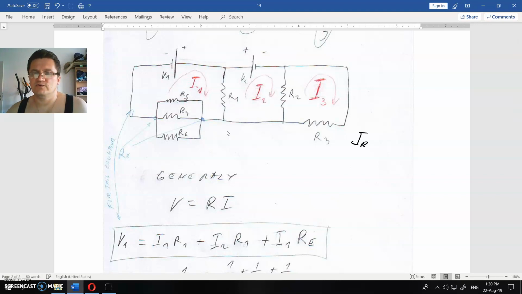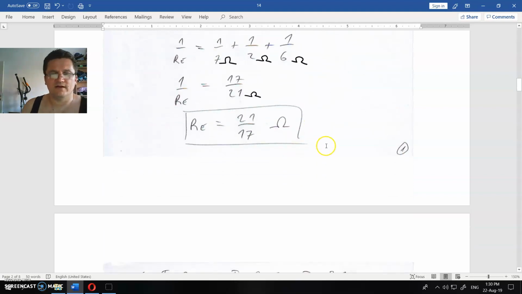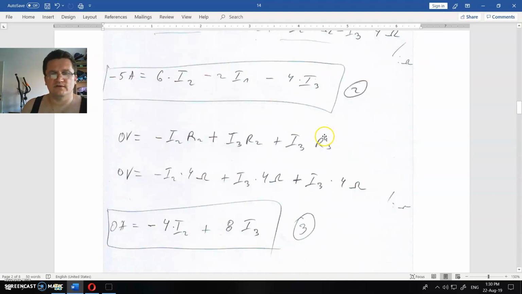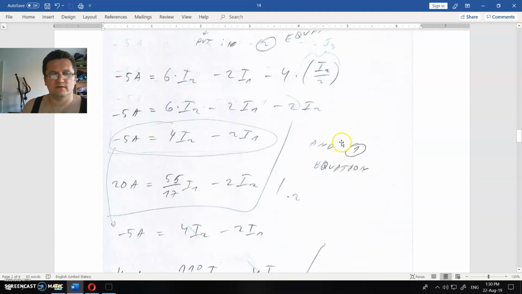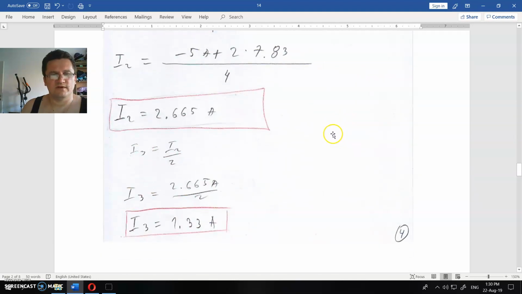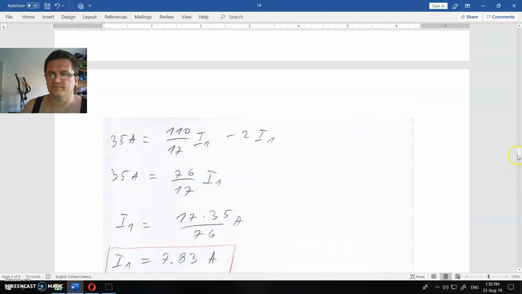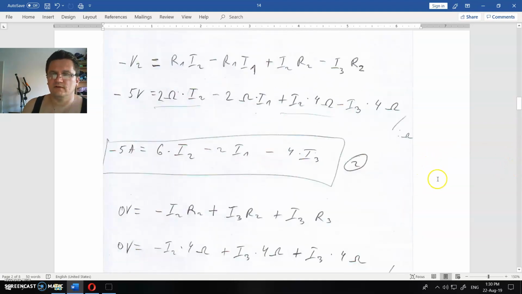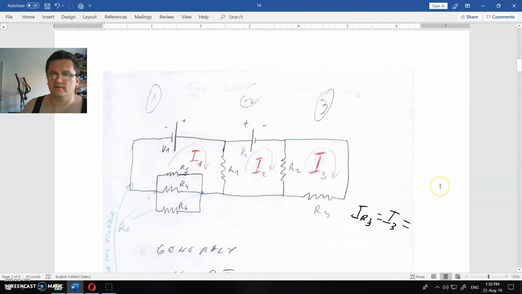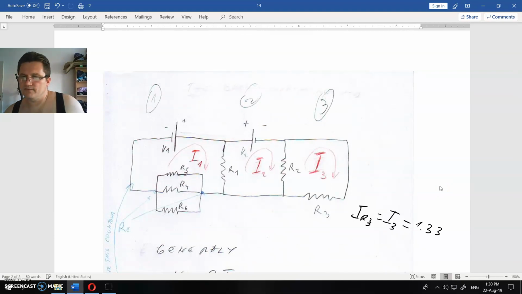The current that passes through this resistance is E3, and we find E3 to be 1.33 amperes. That is this current.